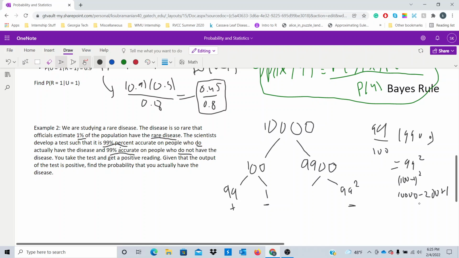So this will be pretty much 9,801. So 9,801 people among 9,900 people do not have the disease and they test negative. So I'm going to replace 99 squared with 9,801.